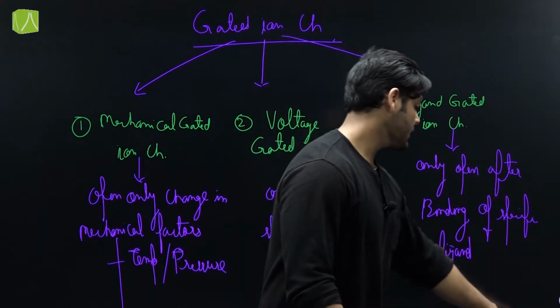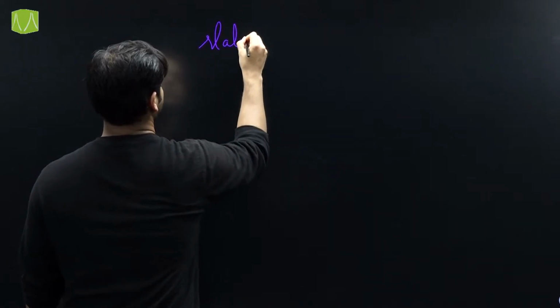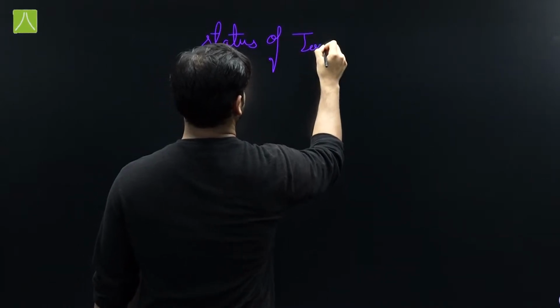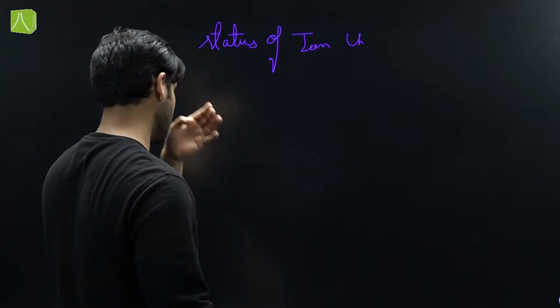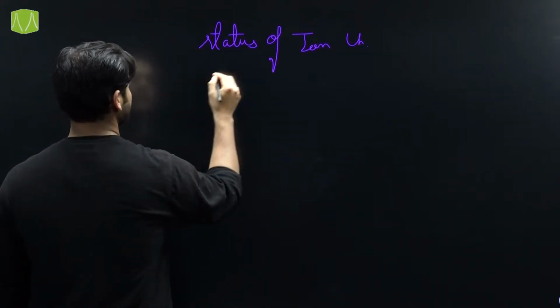Now we can say the state of ion channel. If ion channel is closed, if ion channel is open, and if ion channel is deactivated. What does it mean? Status of ion channel. Maybe it is mechanical gated, maybe it is ligand gated, maybe it is voltage gated or something else.